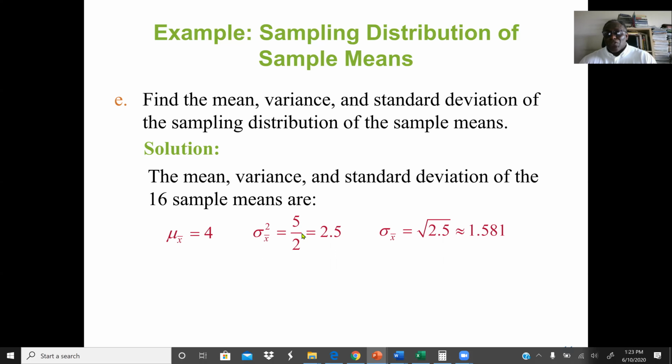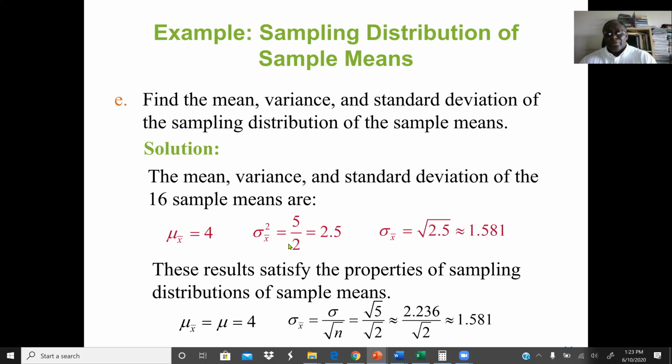So here we get 5 over 2. Why 2? Because again, the size of the sample. So this is the formula. The mean is 4.